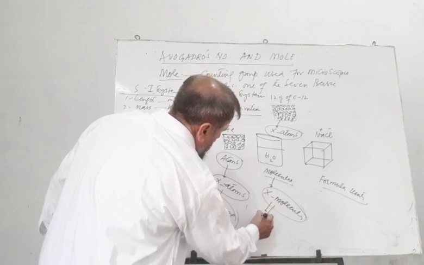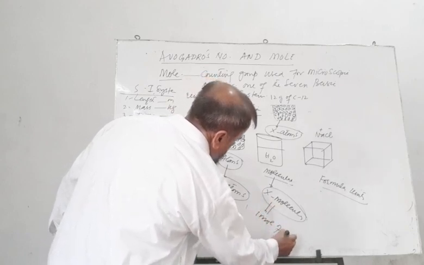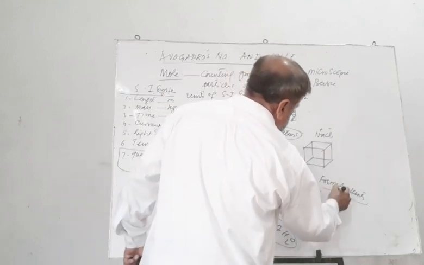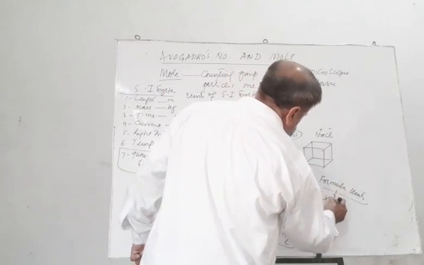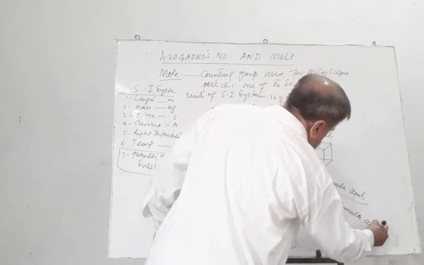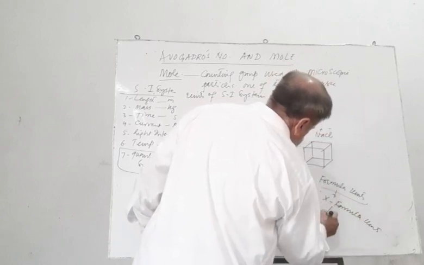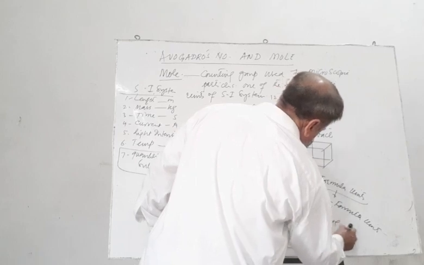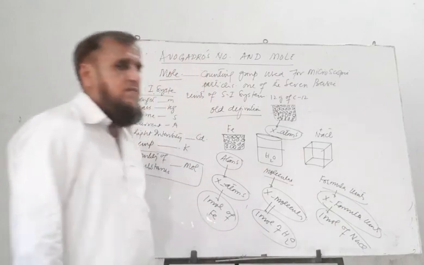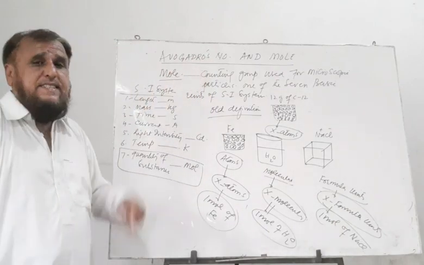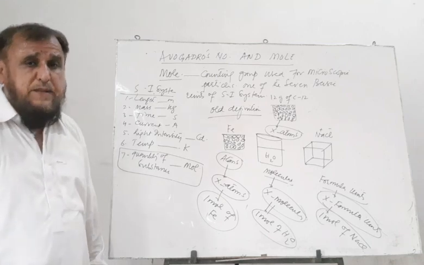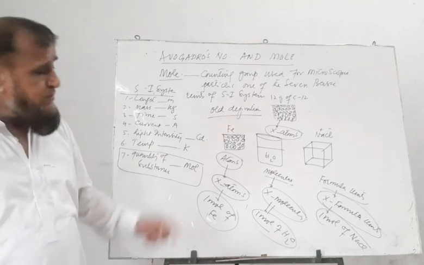Likewise, if sodium chloride contains X formula units, then it is called 1 mole of NaCl. Now the question was, what is X? How many carbon atoms are present in 12 grams of carbon 12?